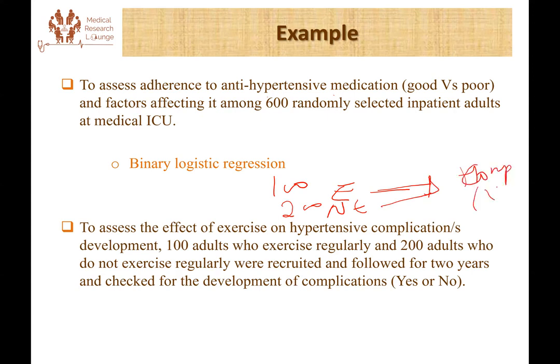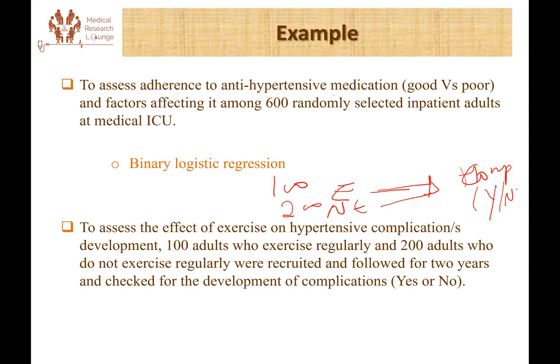So at the end, complication is measured as yes or no. Since this is a prospective follow-up study, and since we do not make any of them exercise or not exercise, this is a prospective cohort study, right? And do you agree with that? Great. So this is a prospective cohort study.